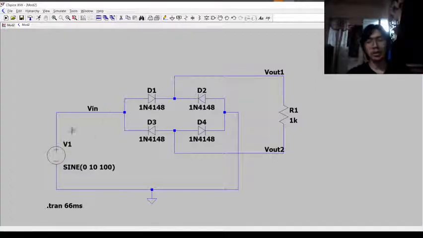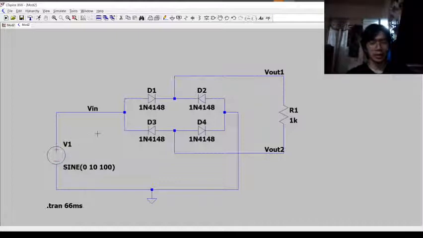So to reiterate, during the positive half cycle, the voltage flows from the positive side of the input terminal, goes to diode 1, flows to our resistor R1, and it goes to diode 4. And after it goes to diode 4, it will go back to the negative side of the source.